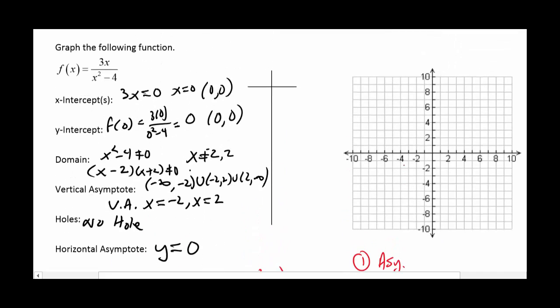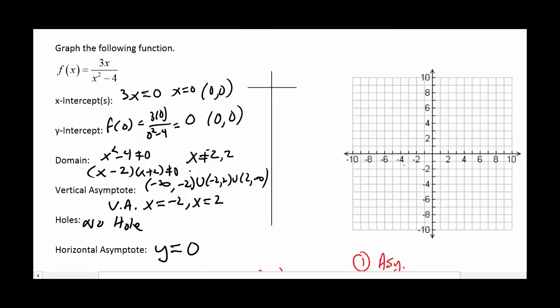I've got an asymptote at negative 2 and positive 2, so let me draw in those VAs. I know it's doing this for one of them, and at negative 2 as well. I also know that it has an HA of y equals 0, so again, let me connect all those.